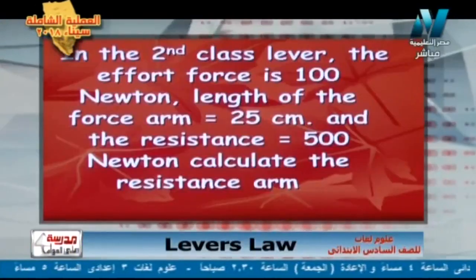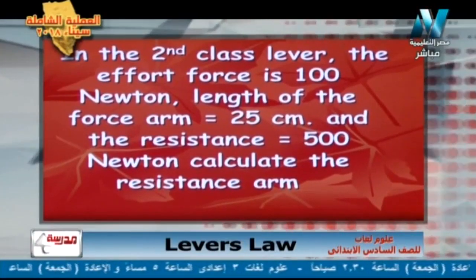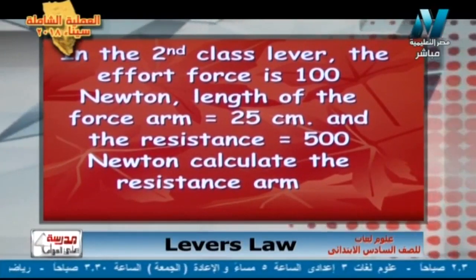So the seesaw will be balanced because the resistance force and the effort force are equal and also the two distances are equal. So if the two sides have equality in force in Newton, there will also be equality in distance, in meters or centimeters.